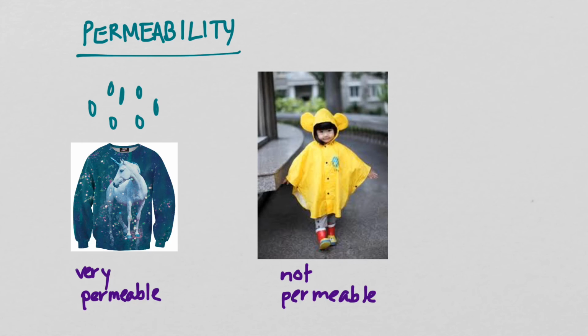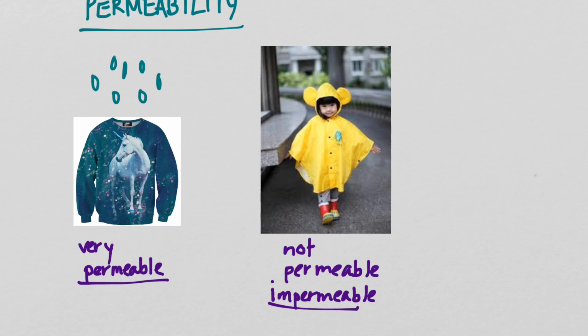But if you were to wear that raincoat and that hat while you're running around and exercising, you would get really sweaty. And the reason is because that sweat can't leave your body, it can't wick away, and it's keeping all of that material inside. So that's an issue when you have a non-permeable substance. It traps all of that perspiration next to your body. We sometimes also call that impermeable.